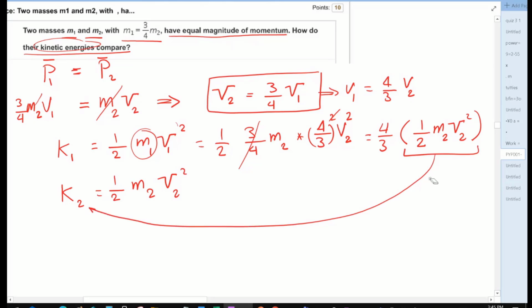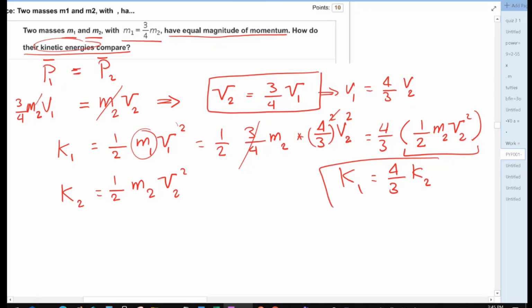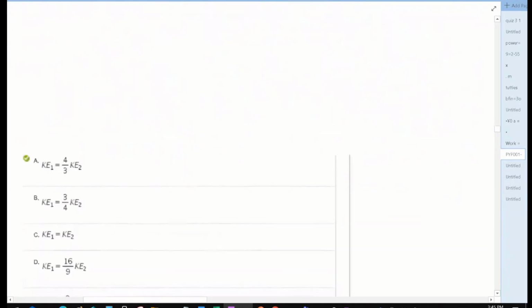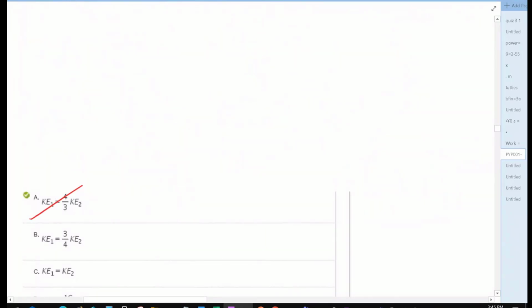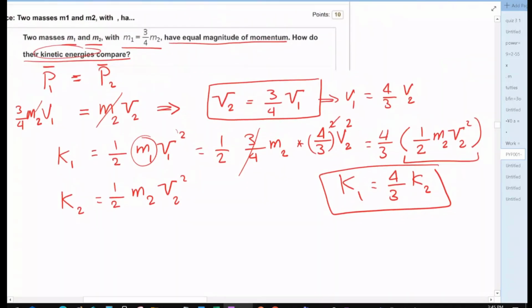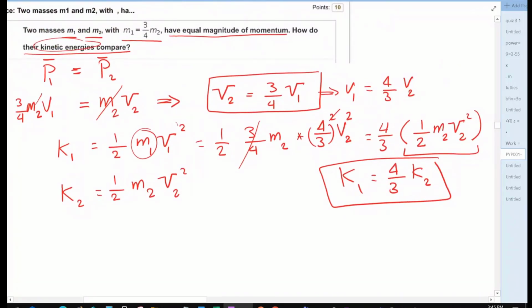So it's 4/3 kinetic energy 2. So kinetic energy 1 equals 4/3 kinetic energy 2, which is here. Okay. Do you have any question in this one, guys?